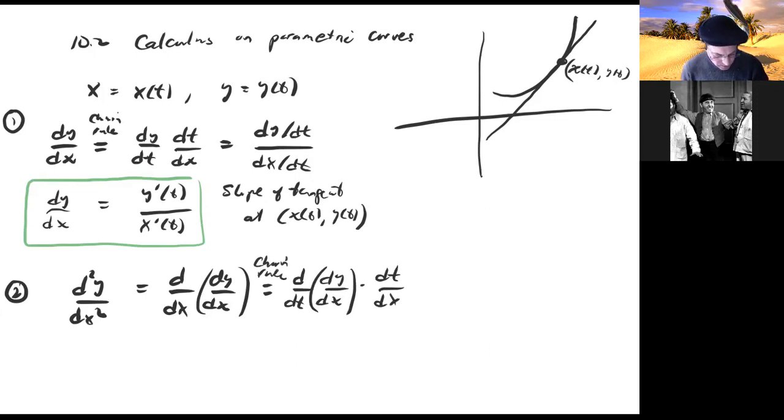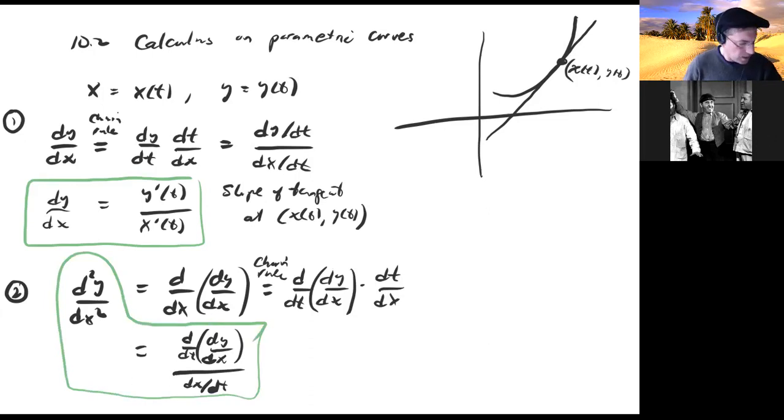All I'm doing is replacing y in the chain rule equation I developed in part one with dy/dx itself. And again, we do the same game: dt/dx is 1 over dx/dt, so you get d/dt of dy/dx, divided by dx/dt, and that's the answer. So that's going to be the second derivative.